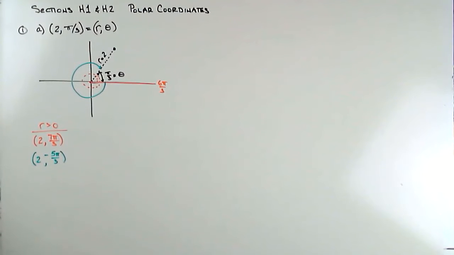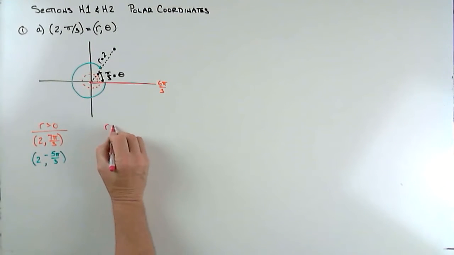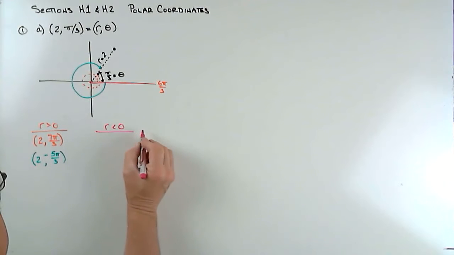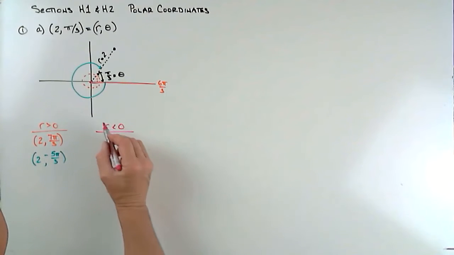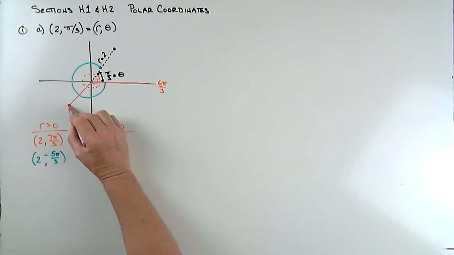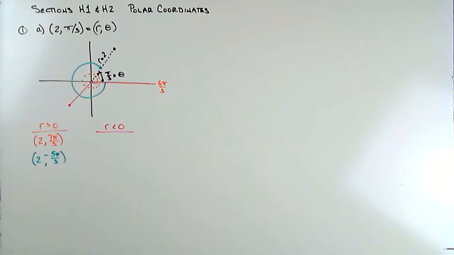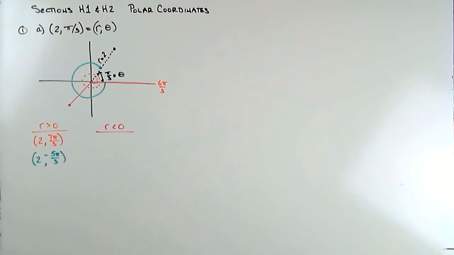What about if r is less than 0? Well, remember what we said, r less than 0 means reflection through the pole. So if r is less than 0, we would want to be here with our angle, and then when we reflect through the pole, we would land on the black dot.